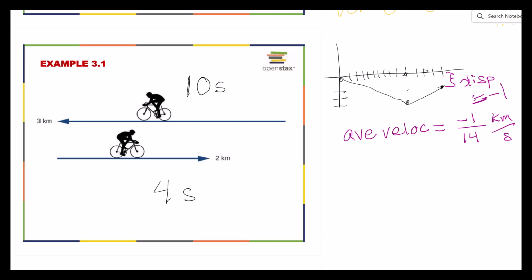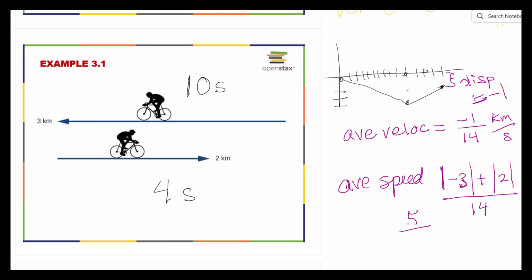Now, if it was asking us for our speed, if we were looking for average speed, usually what that means is that we would be using absolute values. So instead of -3, we would just say 3. Come on, I really did try to get this to work. 3 plus 2 over the total time.